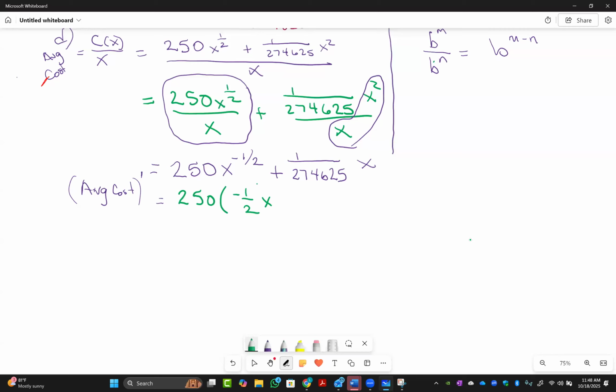Minus 1/2 minus 1/2 is minus 3/2? Wait, how'd you get three halves? Because you're combining it, not subtracting it. It's two negatives. How are you getting negative 2/2?